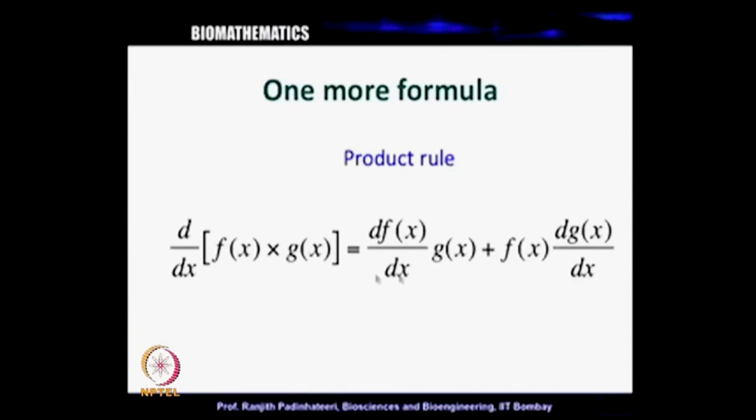This is the product rule of differentiation. If you understand this, you can learn a lot of things just by using this one formula. If you remember this one formula, you can keep using it and find the derivatives of many functions. So, let us take the simplest example for this formula.